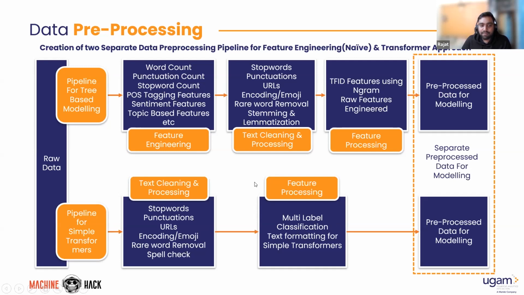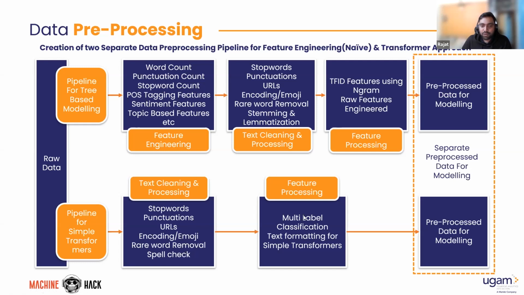My second pipeline was for the simple transformers, and I guess Salil has already told us more about what simple transformers are, so I'm not going into that. But for my approach, the text cleaning that I did was a little bit of stop words, the punctuations, and some spell checks to correct the context and to maintain the semantic part of it.